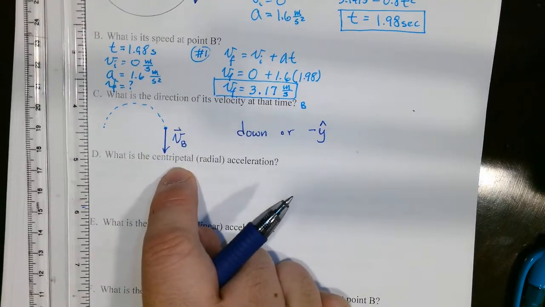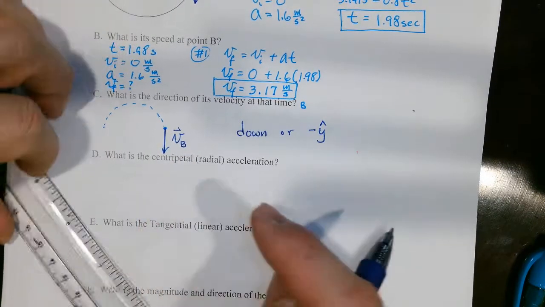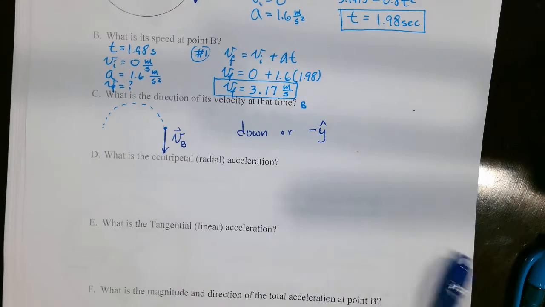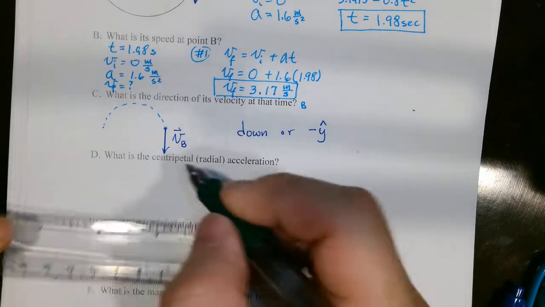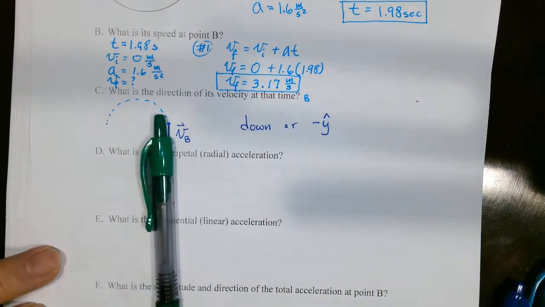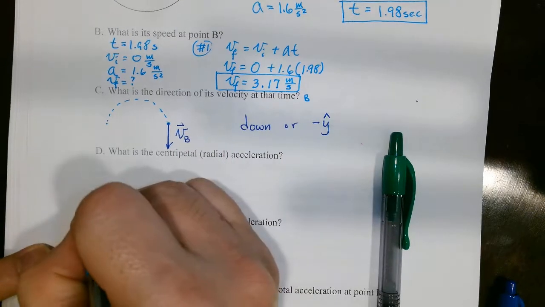Here is asking, what is the centripetal acceleration or the radial acceleration? So if you were to look at the radial acceleration at this point B, right?